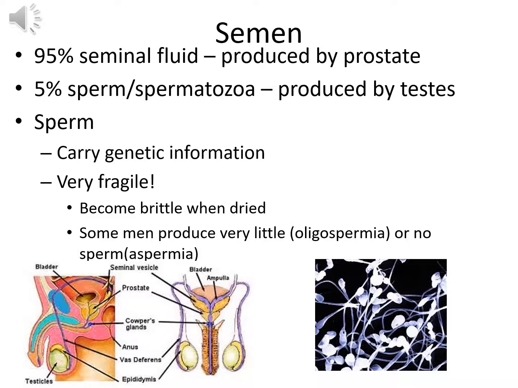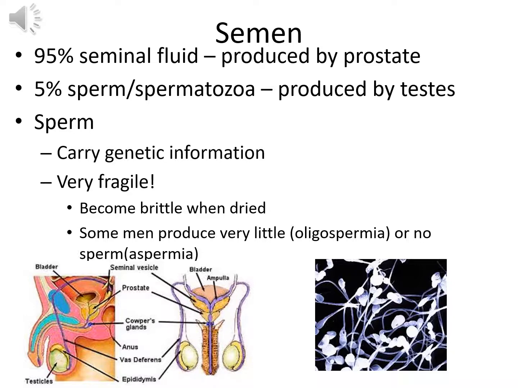And it's, again, very fragile, so they become brittle and dry. And some men produce either very little sperm, oligospermia, or no sperm, aspermia, where they have absolutely no sperm in the semen. That could be a natural phenomenon, or aspermia could result from vasectomy if the male has voluntarily or involuntarily undergone a procedure where the vas deferens has been cut and tied from each testis.